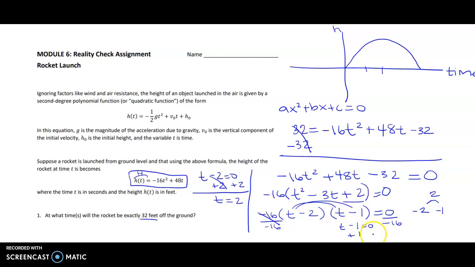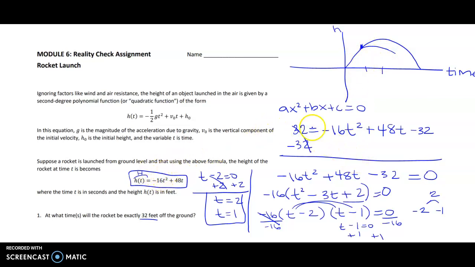Add 1 to both sides, so t will equal 1. So this one actually has 2 different times where the rocket will be 32 feet off the ground. And if you think about that, that makes sense because the rocket has to go up and then down. So it's totally possible that it could be 32 at 2 different times. So maybe we drew this wrong. Anyway, that can get you started.